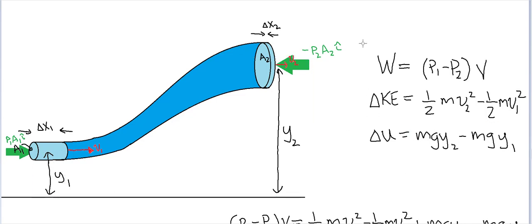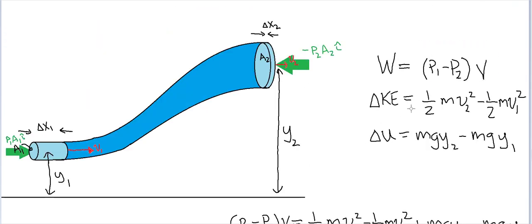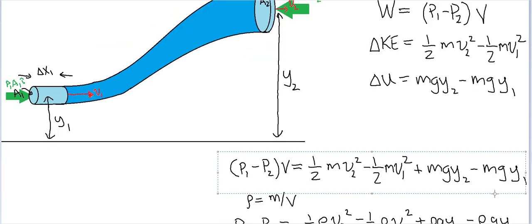But remember that the work changes the energy state of the system, and so the work that we do should be responsible for the change in kinetic energy and the change in potential energy. And so we can just set this to one side of the equation and the sum of these to the other side. That's all we've done here, right? We just took P1 minus P2 times V is equal to half m v2 squared minus half m v1 squared, that's just the change in kinetic energy, plus m g y2 minus m g y1, that's just the change in potential energy.